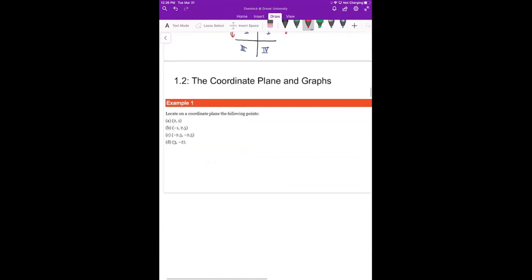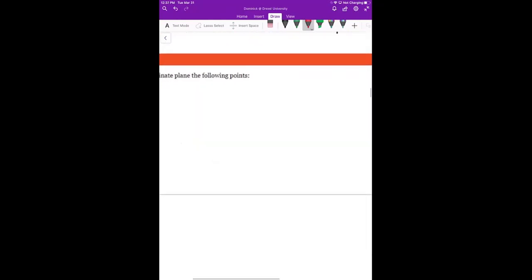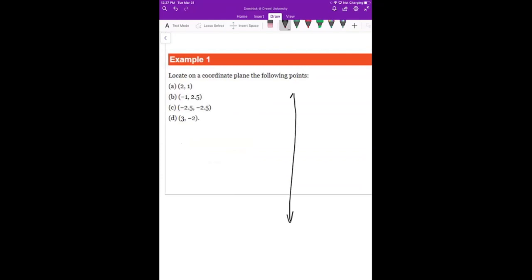Okay, so now in this first example, we're just going to plot a couple points. If I draw a coordinate plane and put some hatches on here, now we can plot a couple points.